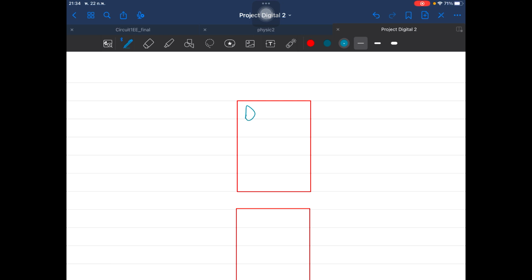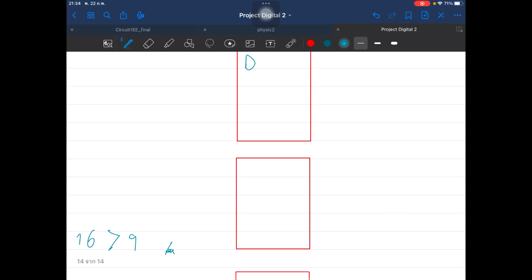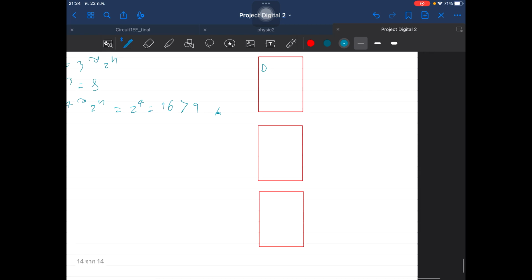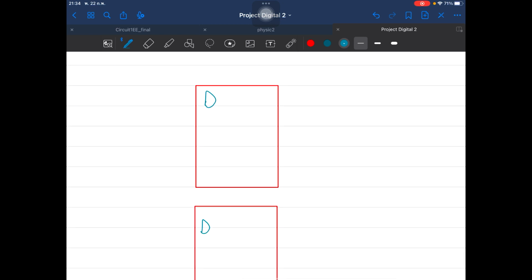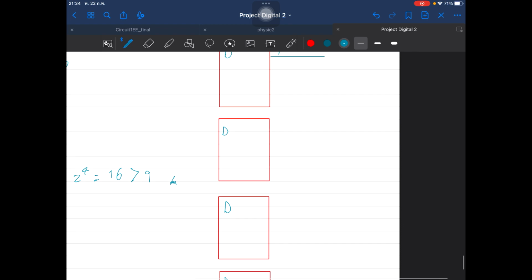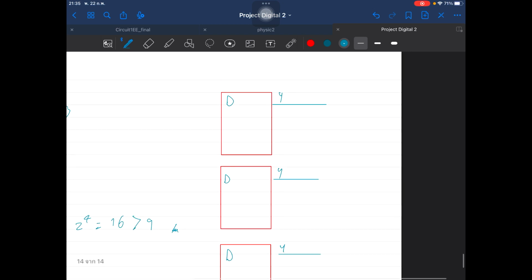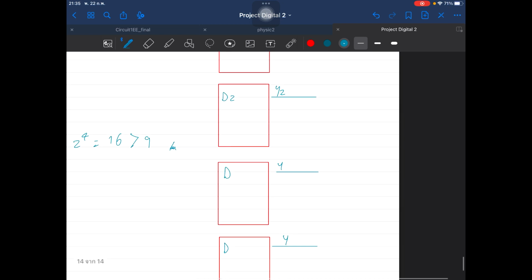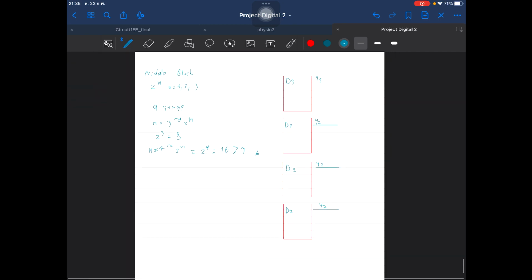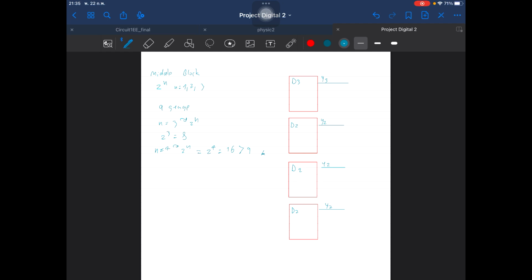The input of the flip-flop is D, and the output that comes out of the flip-flop is Y. Like this. And this is my middle block design.